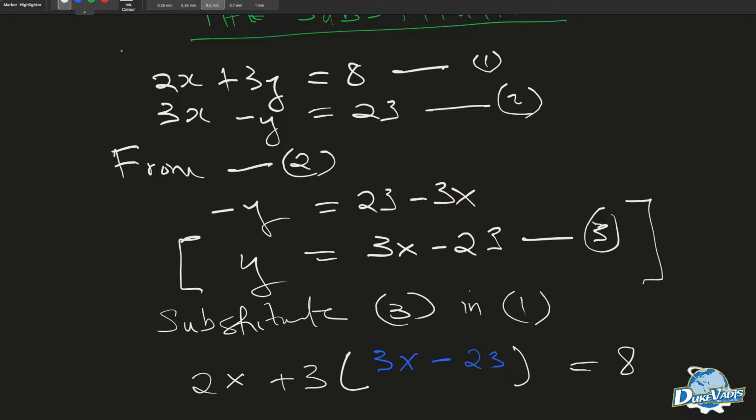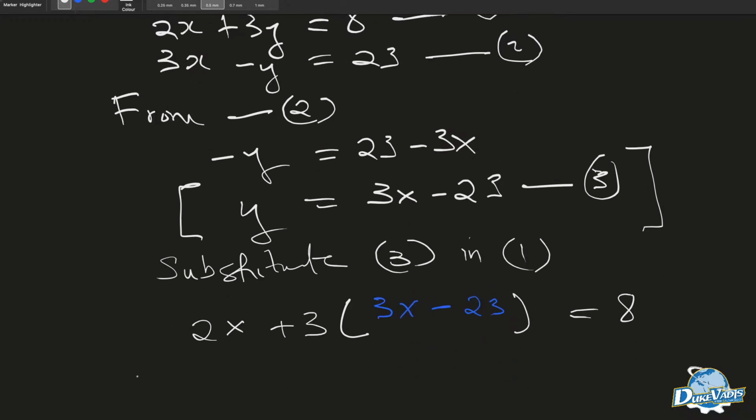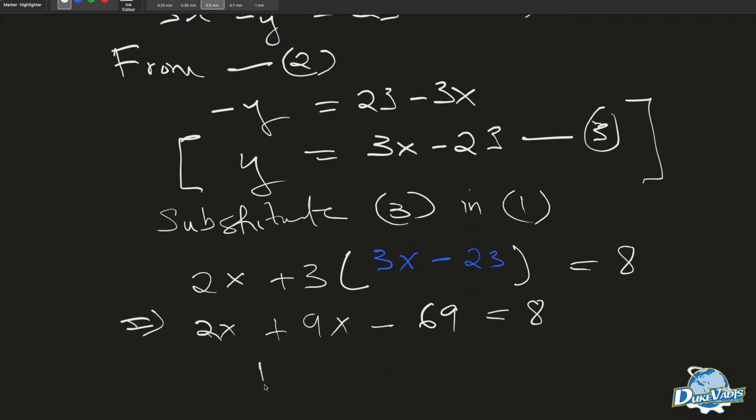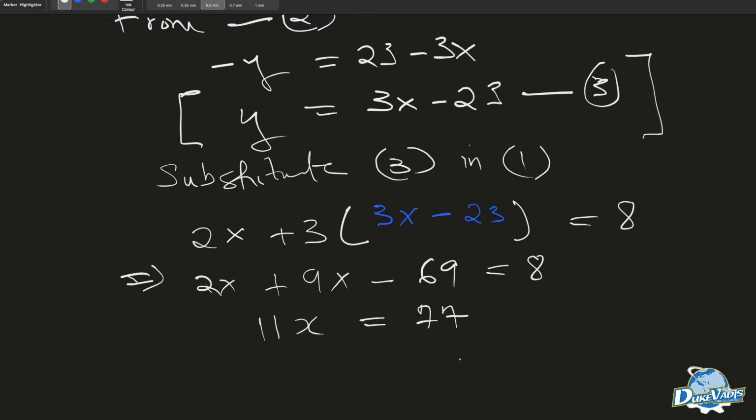When we do the expansion, this implies that 2x plus 9x minus 69 is equal to 8. So implies 11x is equal to 77. Dividing both sides by 11, our x is 77 over 11, which is equal to 7.